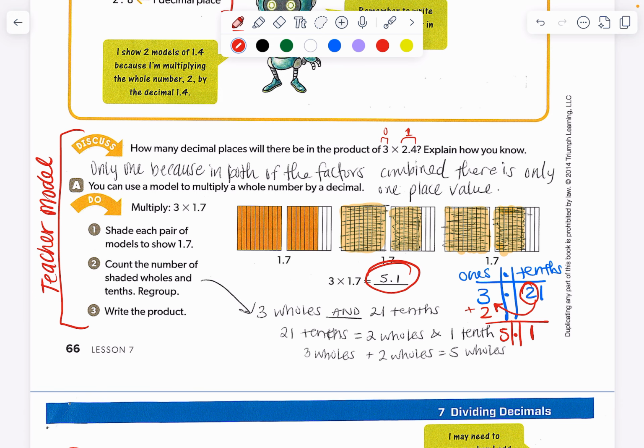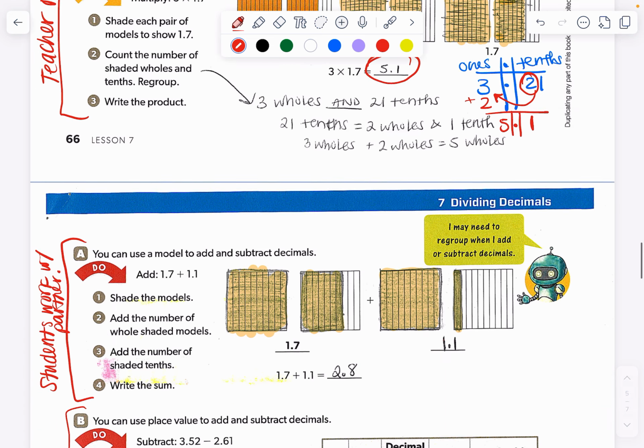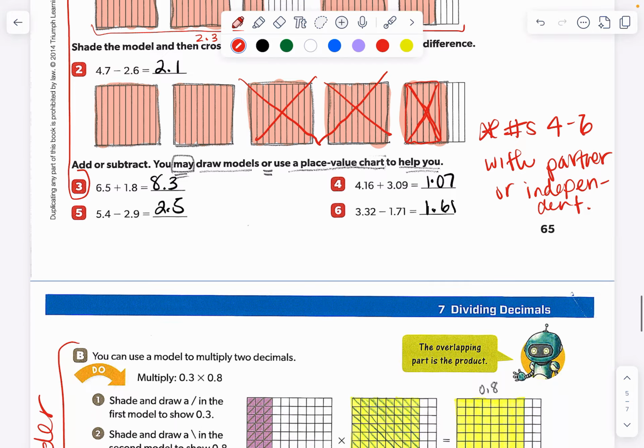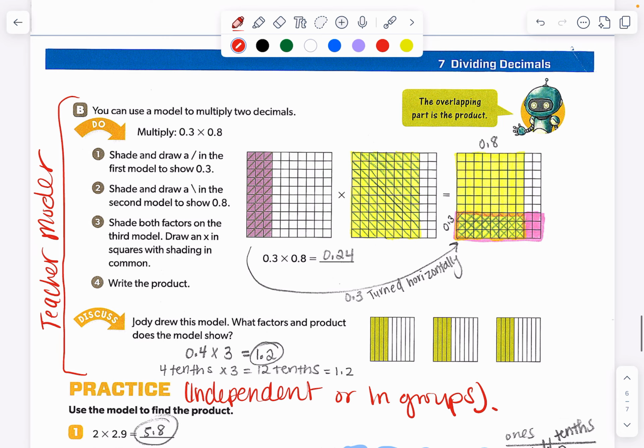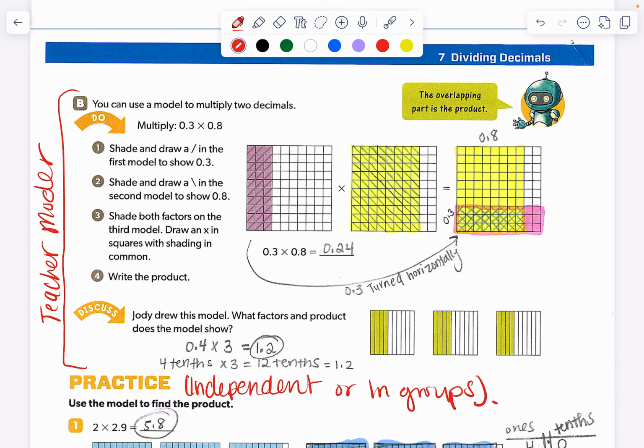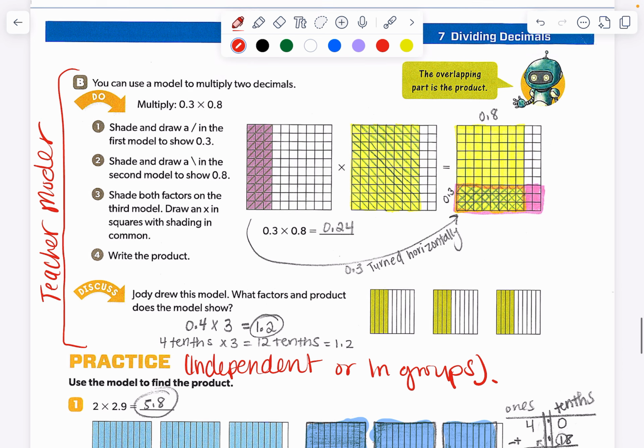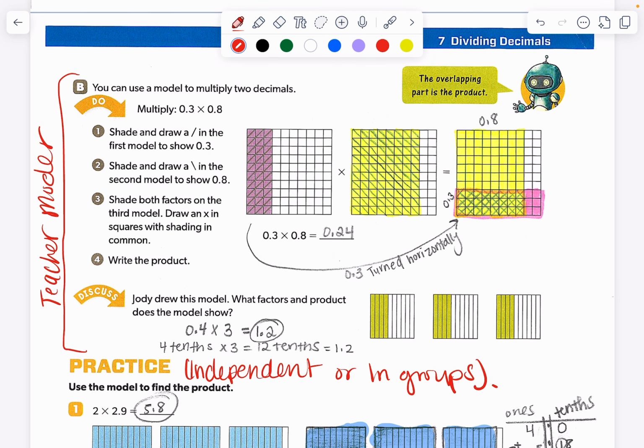So you will model this multiplication for them. The other multiplication that you will have to do for students is question B for this lesson.